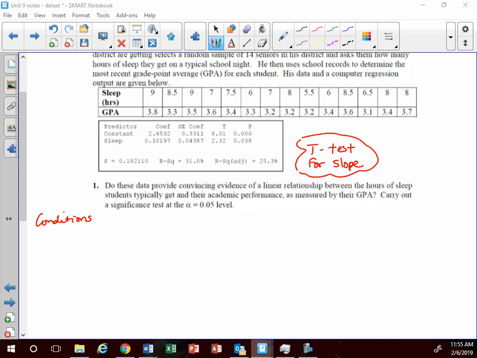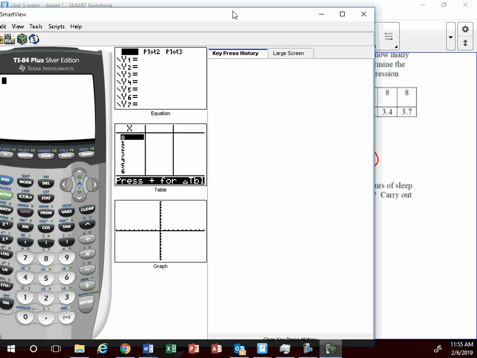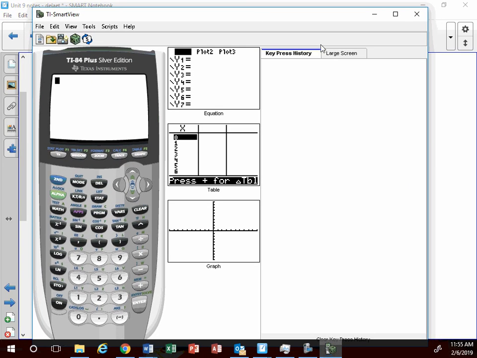Guys, I'll pull up the calculator here so we can look at it, okay? You have the values. I just have an error coming up.